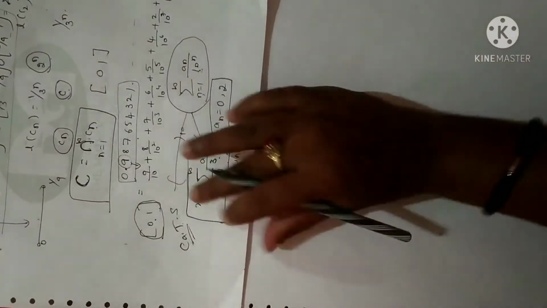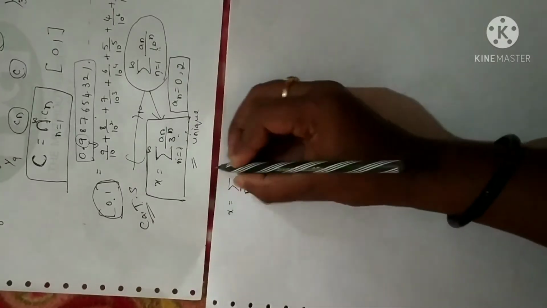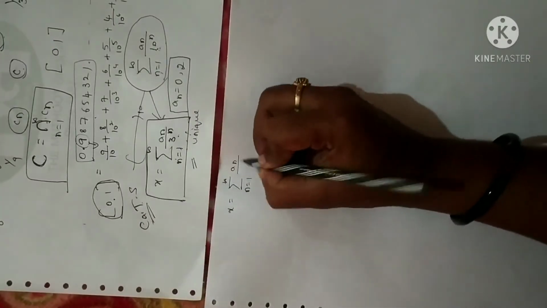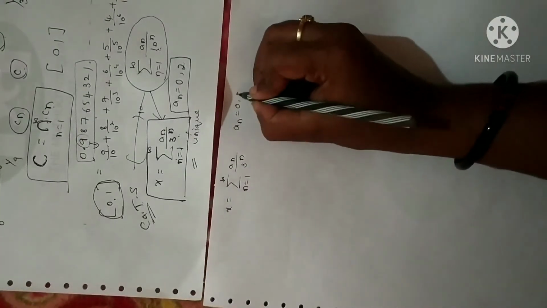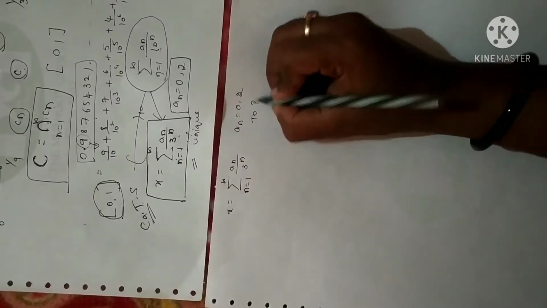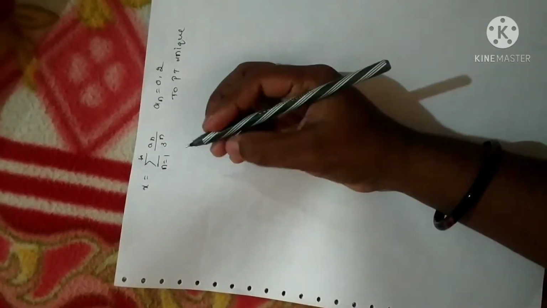Now I am writing the same expression here. X is equal to summation n is equal to 1 to infinity an by 3 power of n, where an is equal to 0, 2. We have to prove that it is unique. In the sense, we cannot have one more expression for representing any decimal number in the closed interval 0 and 1. Now let me do that.